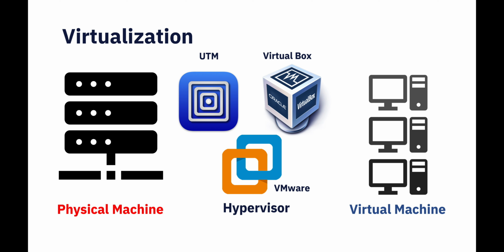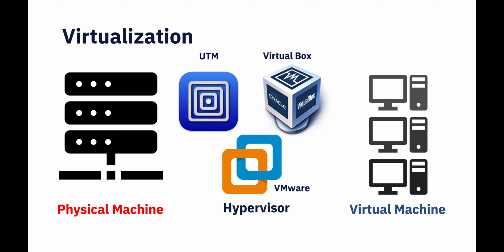Let's say we want to create a server, a storage device, a network, or an operating system. For our case, we are going to use UTM Hypervisor in order to create a virtual machine or a virtual operating system running under a Mac Silicon Apple ARM64 processor.